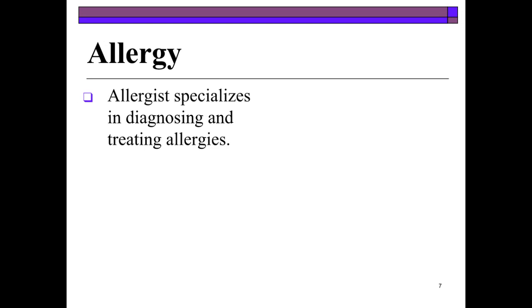An allergist is someone who specializes in allergy diagnosing and testing for allergies. That's maybe pollen, it may be spores, molds, it may be ragweed, it could be milk or nut allergies, but they are going to do testing to see what people are allergic to and then determine treatment to go along with it.